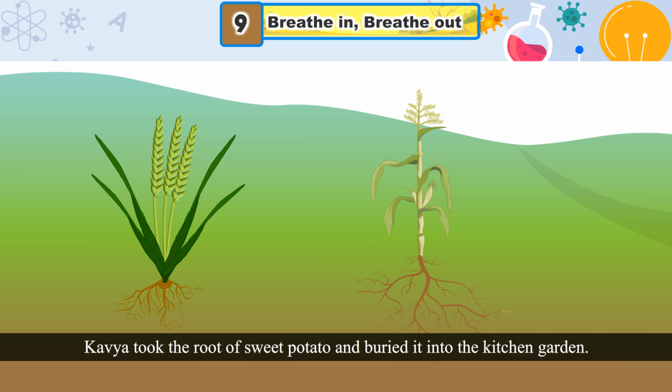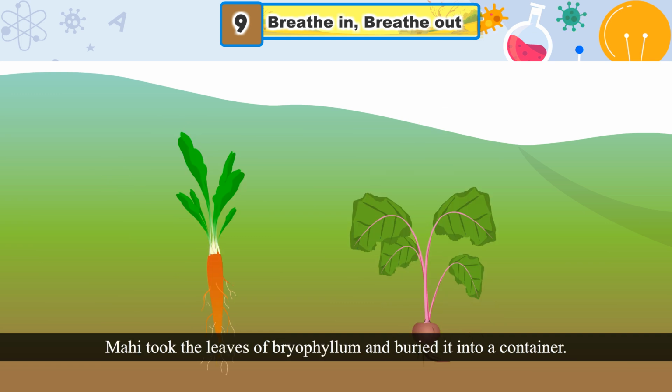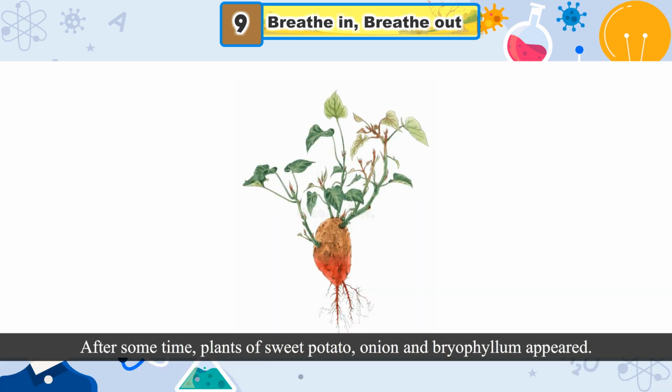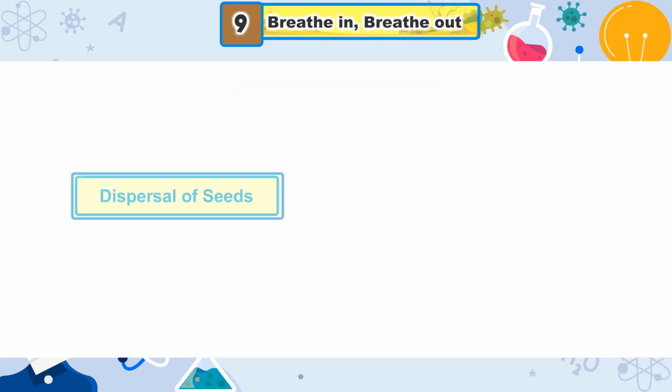Kavya took the root of sweet potato and buried it into the kitchen garden. Kanu took the stem of onion and buried it into the kitchen garden. Mahi took the leaves of bryophyllum and buried it into a container. They watered them regularly. After some time, plants of sweet potato, onion, and bryophyllum appeared.